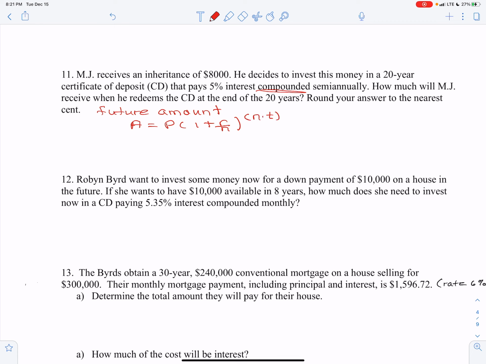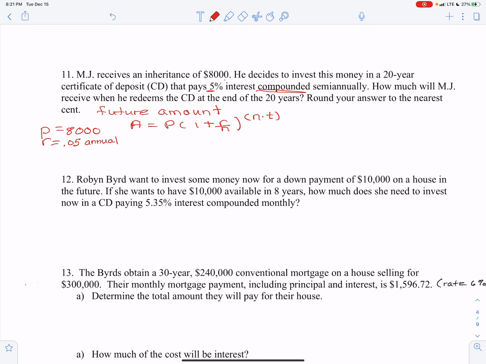Okay, so our P is the money that he's going to deposit, the $8,000 that he inherited. The R, 5%. So as a decimal, take that 5 and divide it by 100. Now it's annual.